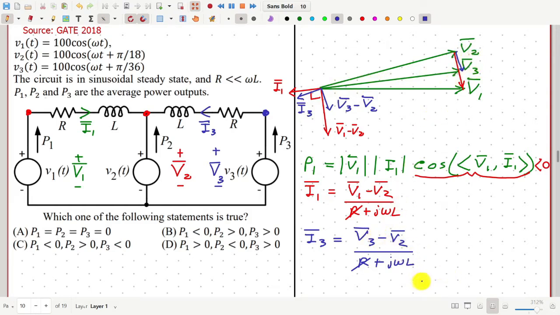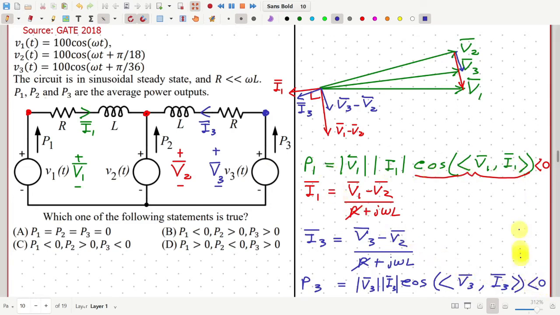So the angle between V3 and I3 is close to 180°. So cosine of this angle will be negative, and if we multiply this with the magnitudes of V3 and I3, we get the average power output from source 3. So this is P3. Since cosine of this angle is negative, P3 is also negative.